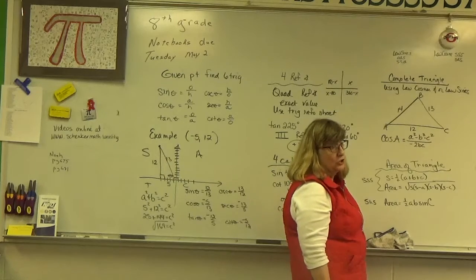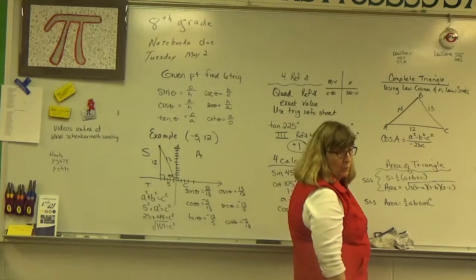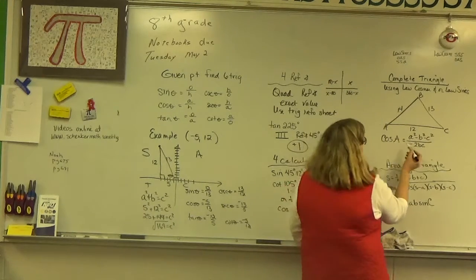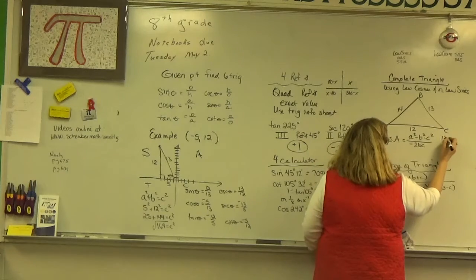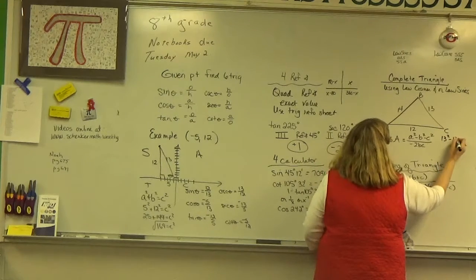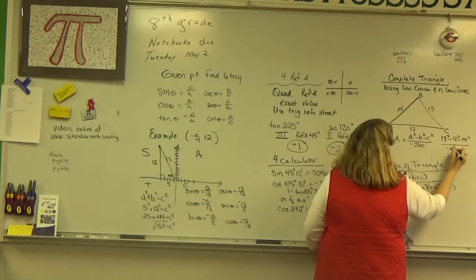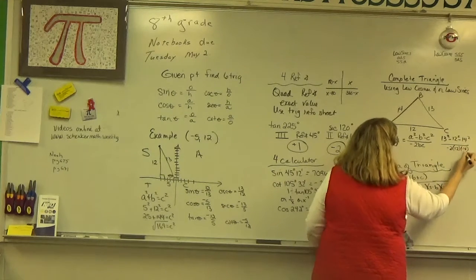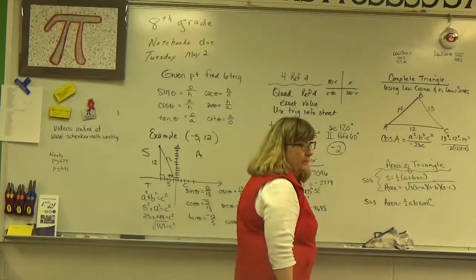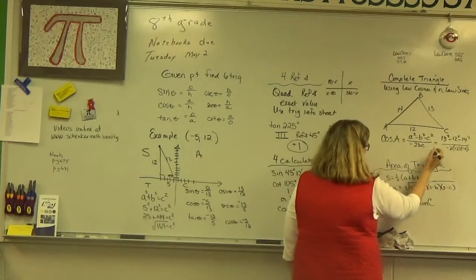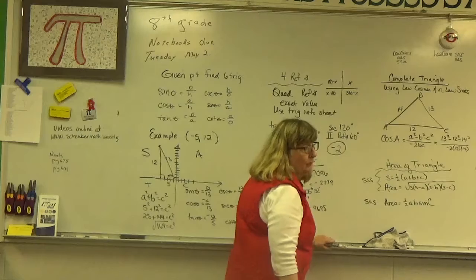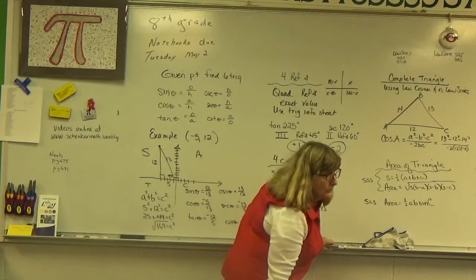And basically it's just use of your calculator once you get to that point. So in this one, what's side A? It's 13 minus B, so 12, minus C over negative 2 times 12 times 14. Now we're ready to go to your calculator. Is everybody ready?